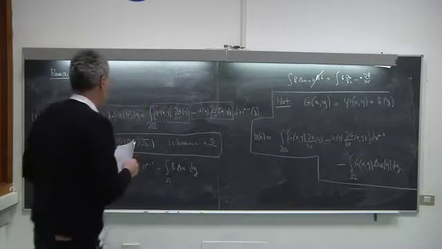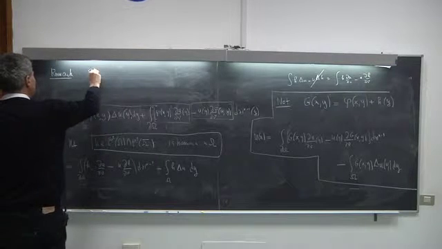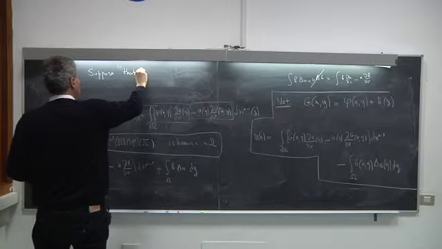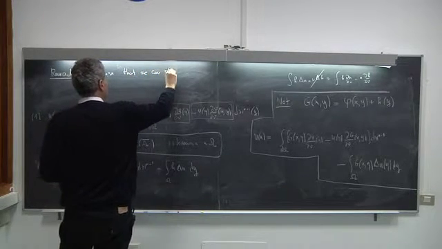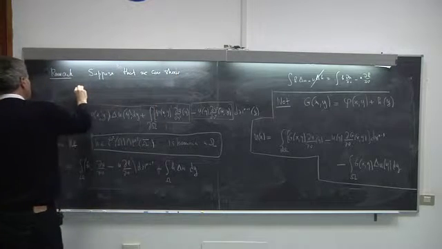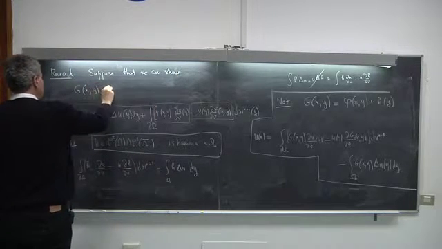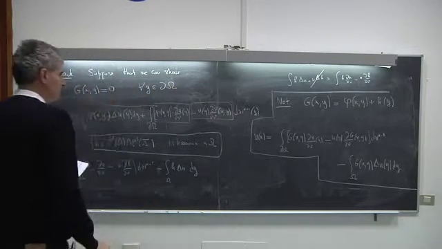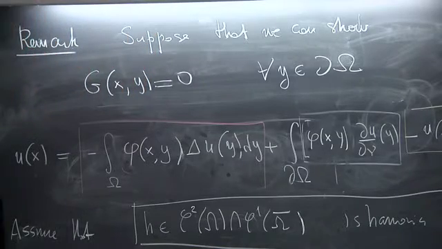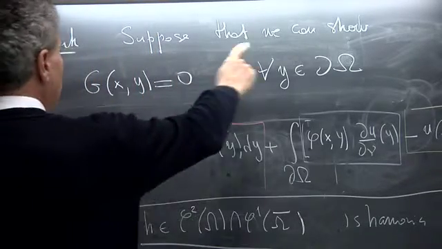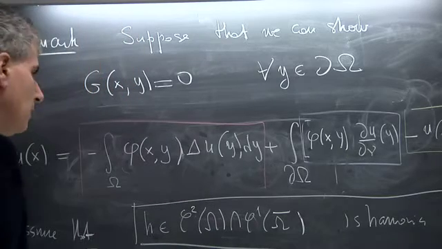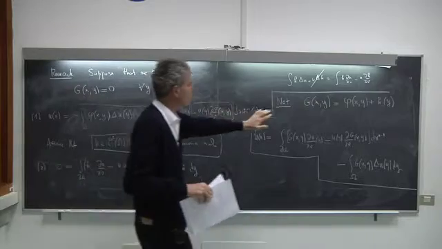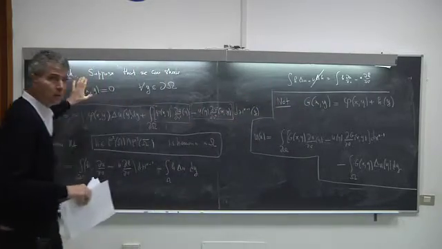Okay? Now, suppose that we can show that G of x and y is equal to 0 for any y on the boundary of omega. Assume that we are able to do this. Namely, assume that we can find h, so that G defined as follows has the following property.